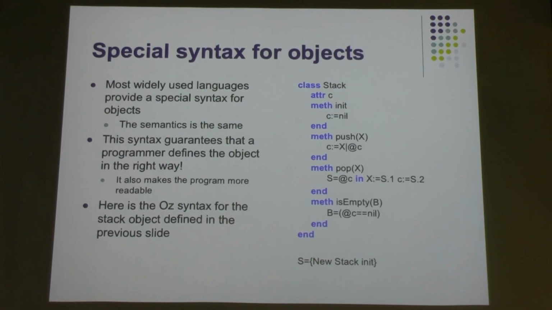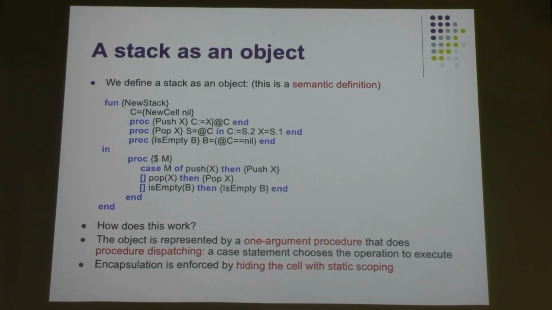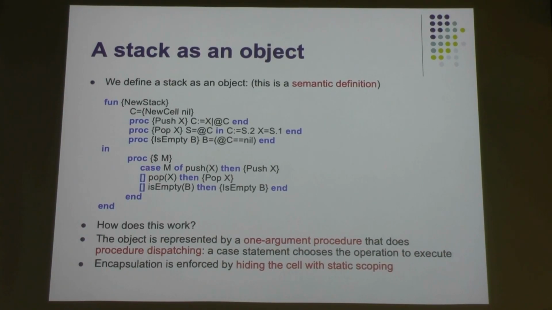So most languages have a syntax for that. So just to refresh, this code will actually run. You can actually define it like this, but you can also see this code as a semantic definition, because we saw the semantics of all these operations, and you can easily translate this in kernel language.